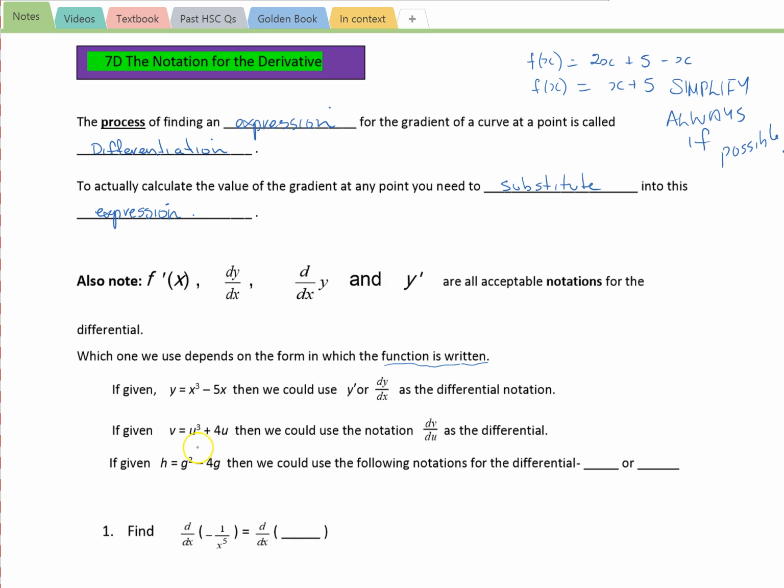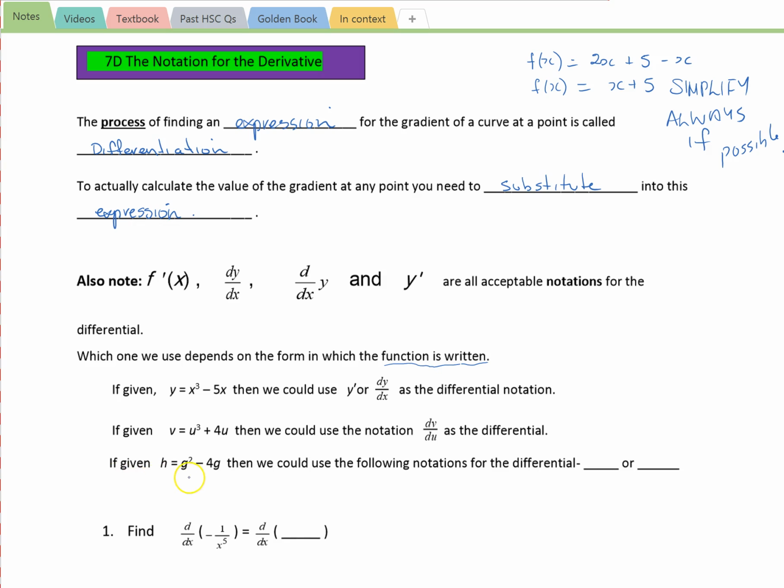It's a function named v where the variable is u. We'd be able to bring the power to the front, subtract 1 from the power and get an expression in terms of u. We would be able to differentiate with respect to u. And the way we could write that is we're going to differentiate the function named v with respect to u, dv du.